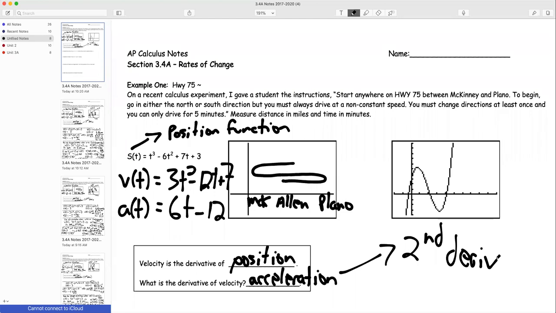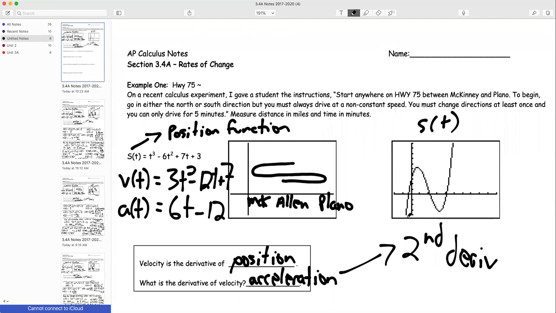Okay? So let's say that I have my position function here. How would I find the velocity from this graph? How do I find the derivative by looking at the graph? It's the slope. So whenever I have a positive slope, I would be moving forward.